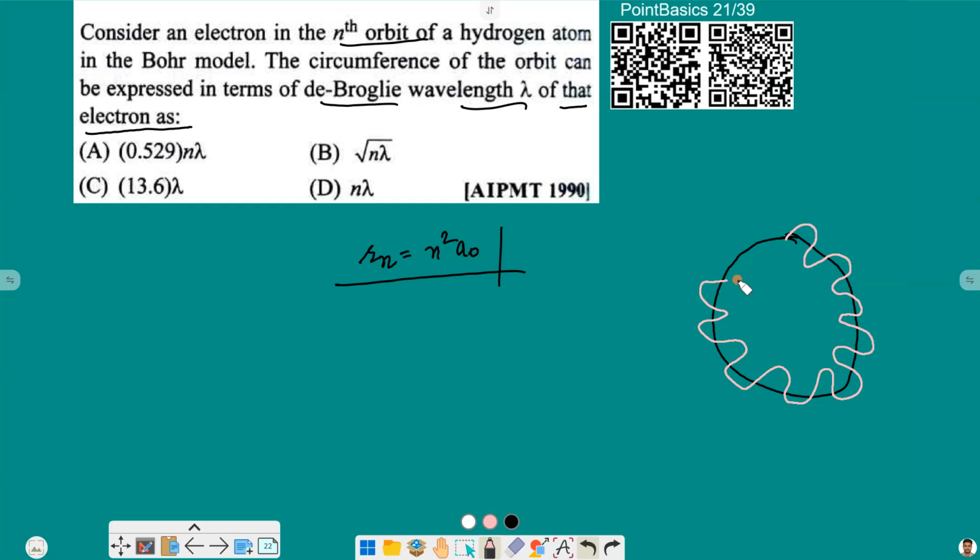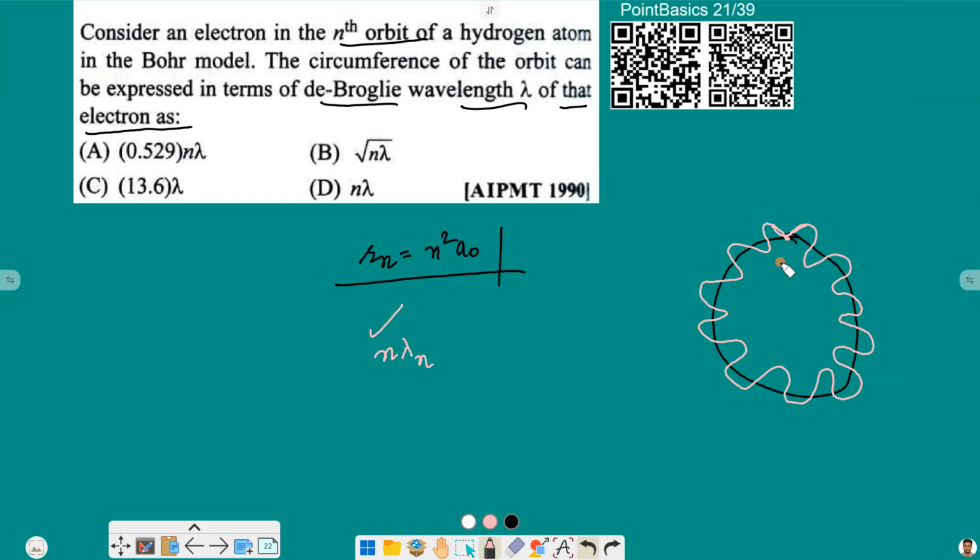And if it has to move like this, then the total number of waves here should be integral multiple of the total length or the total circumference, or we can say that n lambda n, where n is the orbital number, lambda n is the wavelength corresponding to that orbital number.